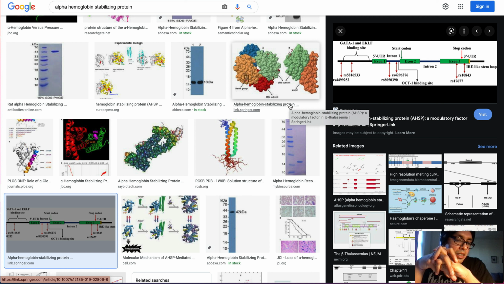And I don't know why this is. Evolutionarily, there's probably a lot of theories as to why alpha subunit production dominates beta subunit production by a factor of 2.